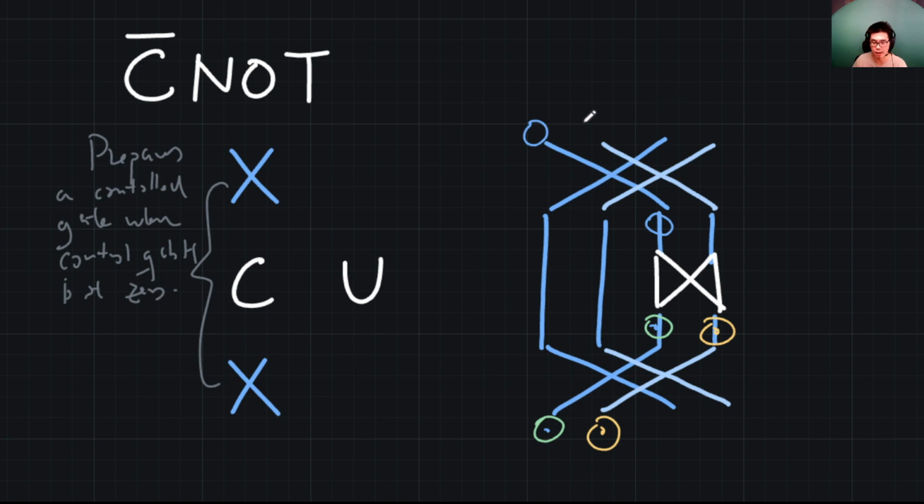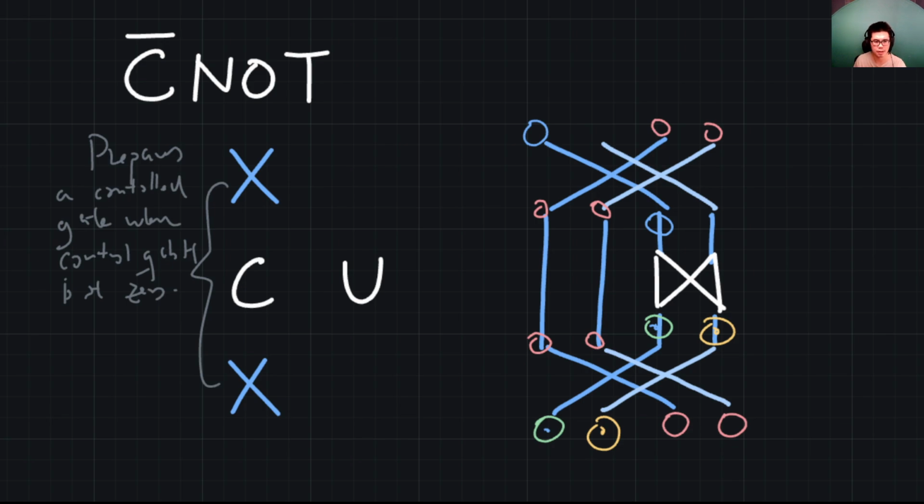Well, on the other side, anything on the right hand side, let's mark it as red, would be put to the left and would skip the circuit that has been applied the U gate and then go back to its original position over there.